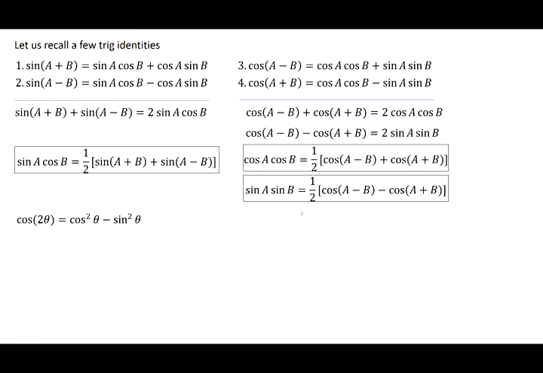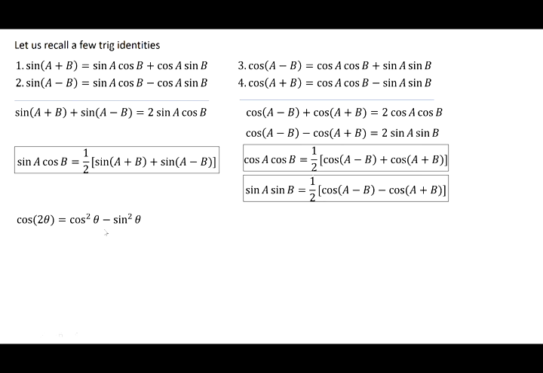Another important result is that recall that cosine of 2 theta is cosine square theta minus sine square theta. That's one version of this formula. And the second version is we could replace cosine square theta with a 1 minus sine square theta, right? Let me repeat that. We could replace cosine square theta with 1 minus sine square theta.